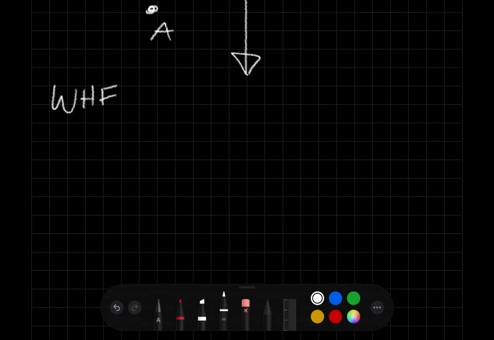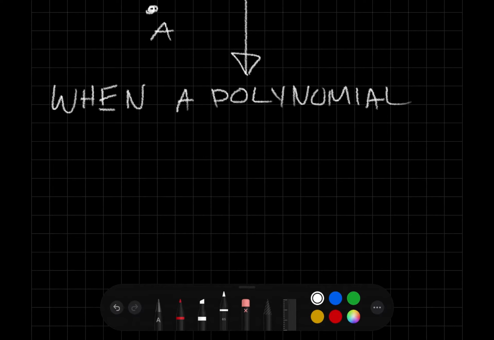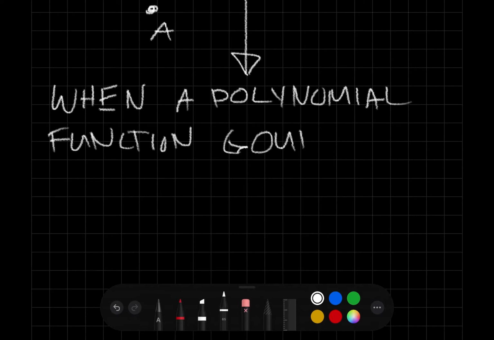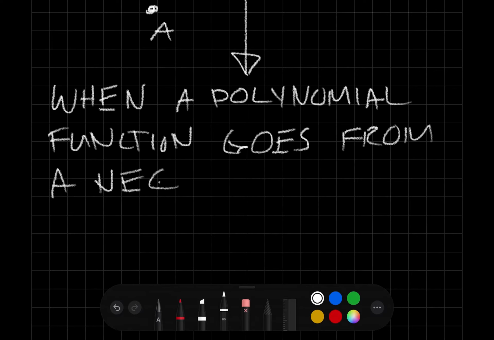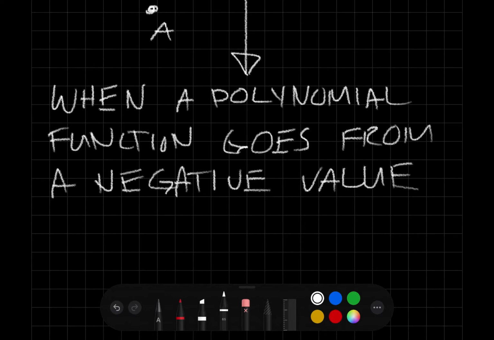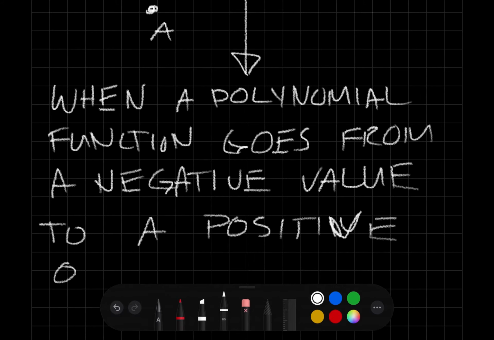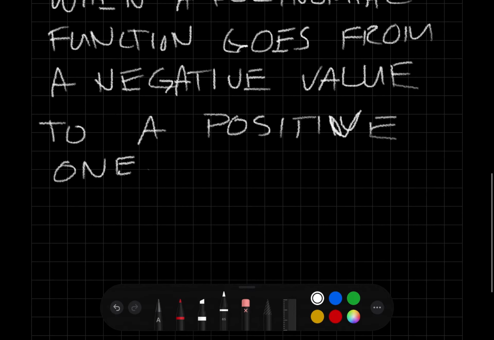When I have a polynomial function that goes from a negative value, like the point A in the example up here, to a positive one, it must cross the x-axis.